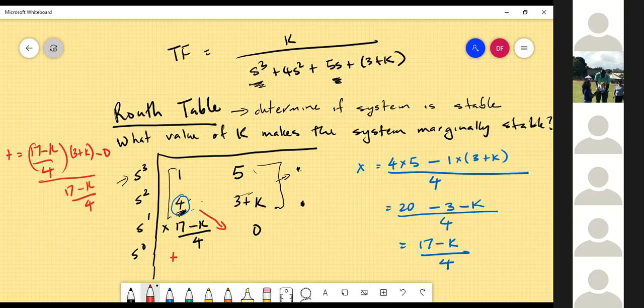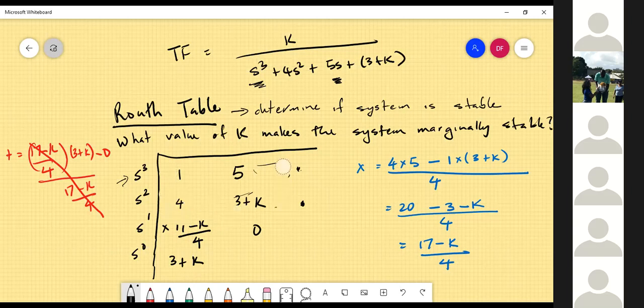And these two cancel, so we end up with 3 plus k. And we always end up with that: whatever is here, ends up down here. So this is our Routh table.